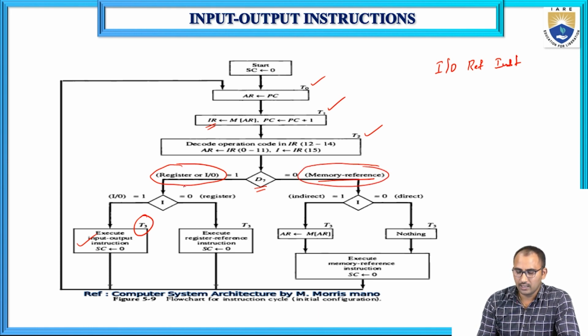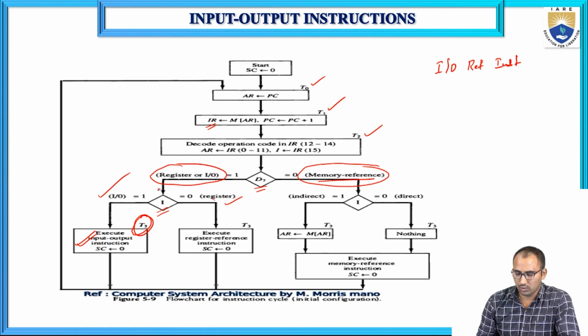After deciding the type of the instruction, we come to I. If I is equal to 1, then that is an IO reference instruction. If I is equal to 0, that is a register reference instruction. So during T3, the IO reference instruction will be executed.